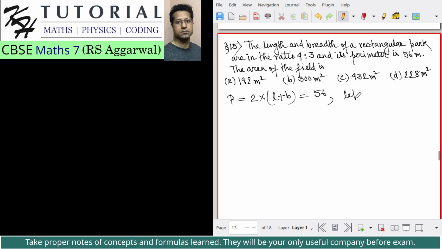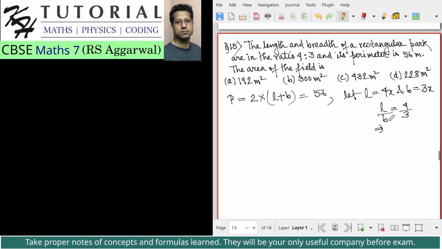Now there are two ways of solving the problem. You can let the length to be 4x and breadth to be 3x based on the ratio, or we could have also, from the fact that we know that the ratio of length and breadth is 4:3, have L by B is equal to 4/3.